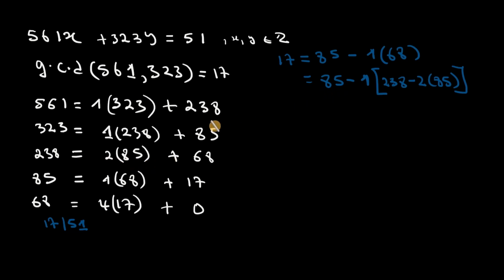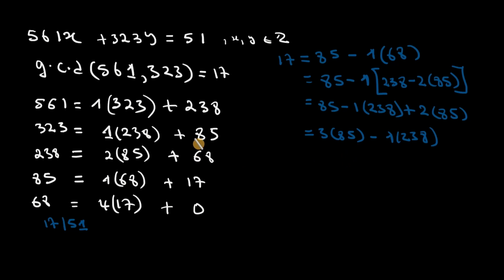Now the next step is 85 is equal to 323 minus 1 into 238. But I have two 85s here. To simplify my expansion, I need to make sure there is 1 85. That is 85 minus 1 times 238, plus, minus times minus is plus, 2 into 85. 1 85 plus 2 85 is 3 85s, minus 1 238.